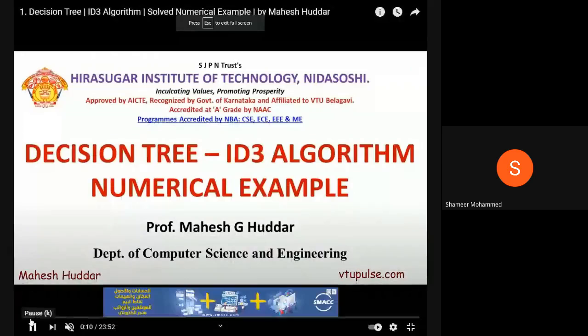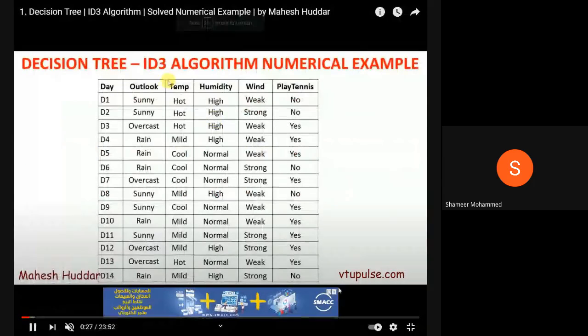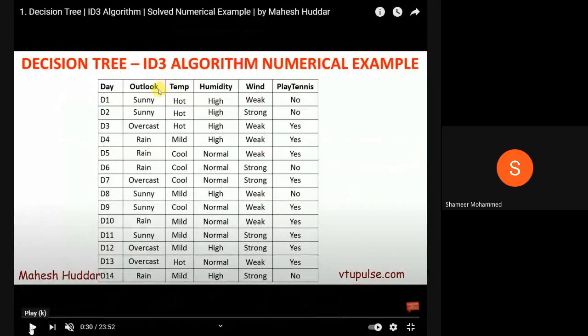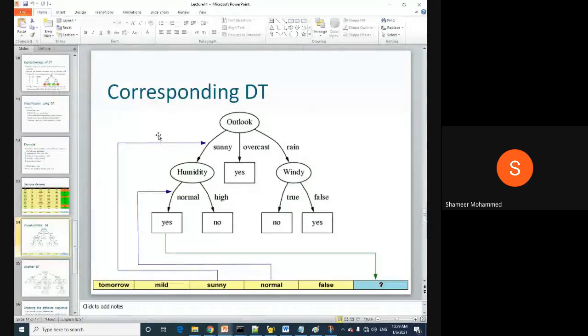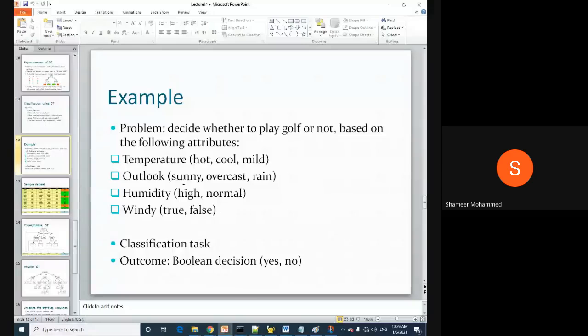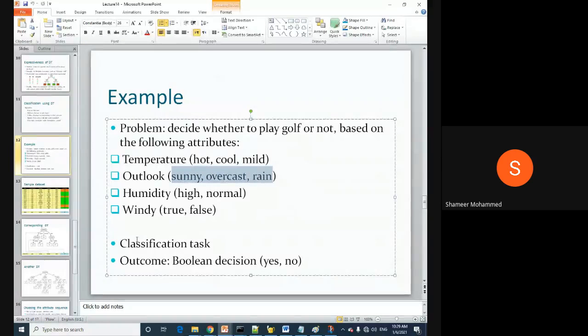So imagine you have this data, the same data I told you. This is day 1, day 2, day 3 up to 14 days. Outlook has three values: sunny, cloudy or overcast, rainy.